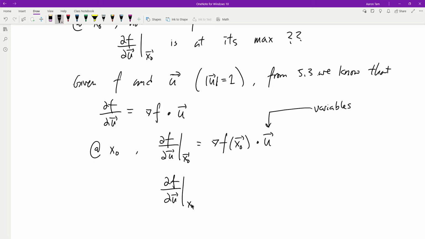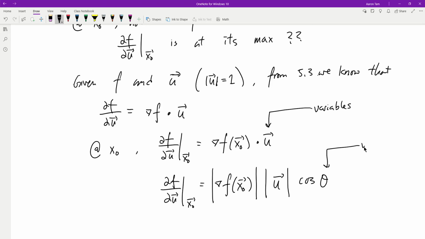So from chapter 1, we also learned that I can form this value by looking at the length of the two vectors multiplied by cosine theta. So now it becomes much better because now we have a single variable that we can deal with instead of several variables that we had to deal with before.